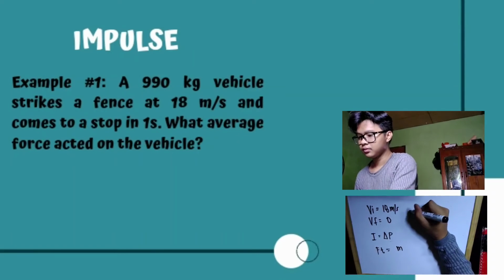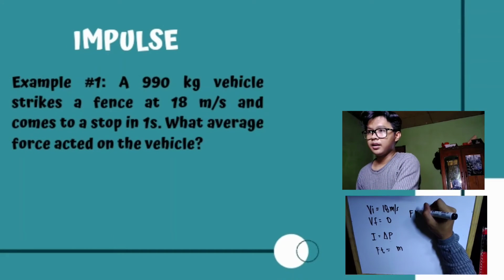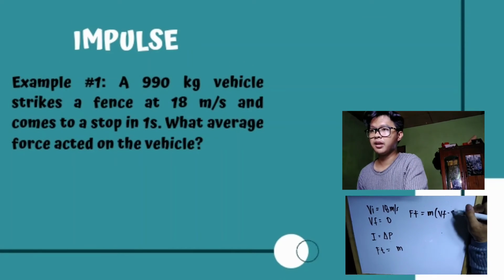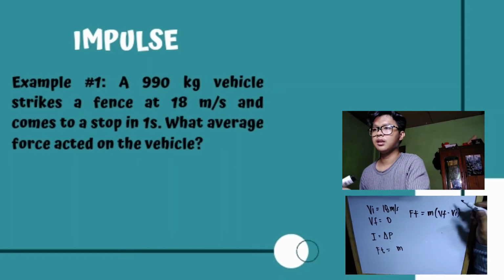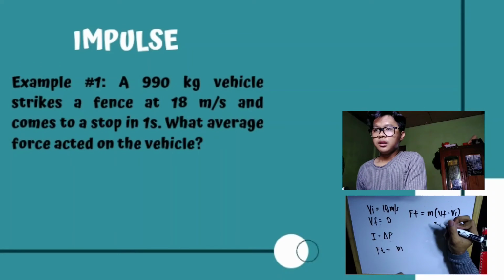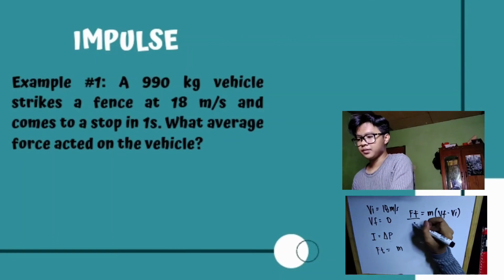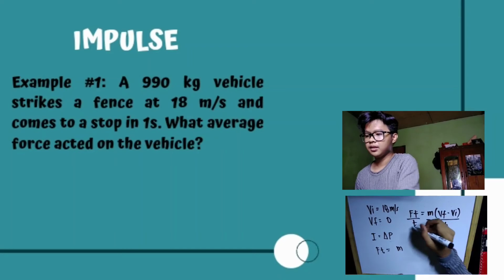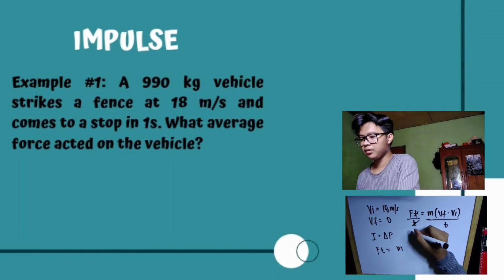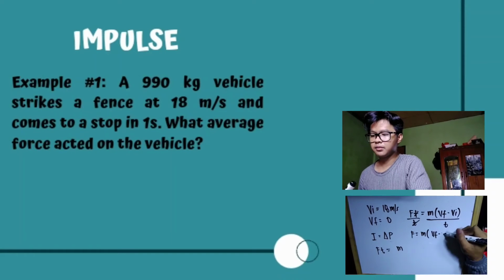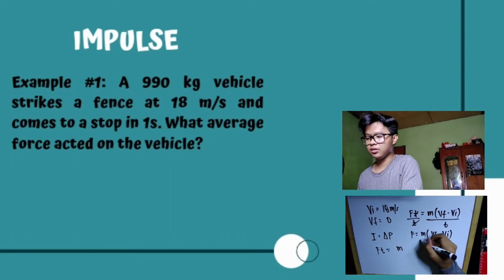So Ft equals mass multiplied by final velocity minus initial velocity. Force ang hinahanap natin, divide natin siya both sides by time, cancel na natin ngayon yung time. So we have now F equals mass multiplied by final velocity minus initial velocity all over time.